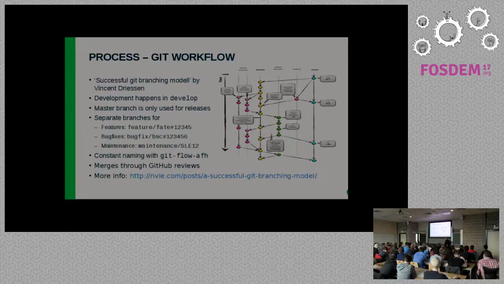When you want to open a new feature or you start working on something, you type git flow feature BSC 1234 start. When you're done, you would use git flow feature finish, but we no longer use this, but use GitHub's reviews and merges instead.